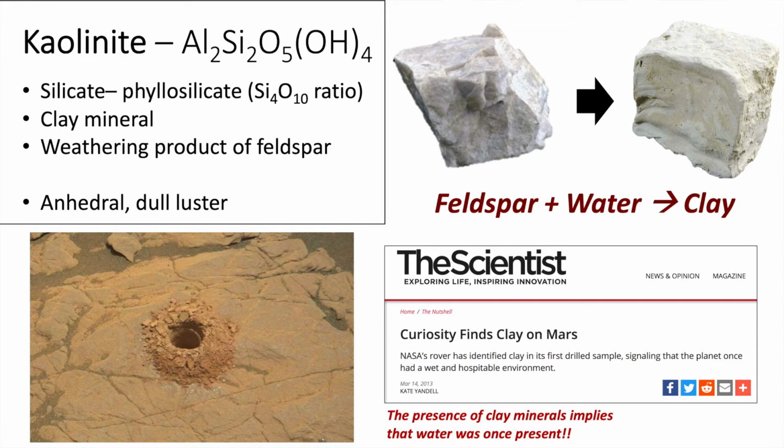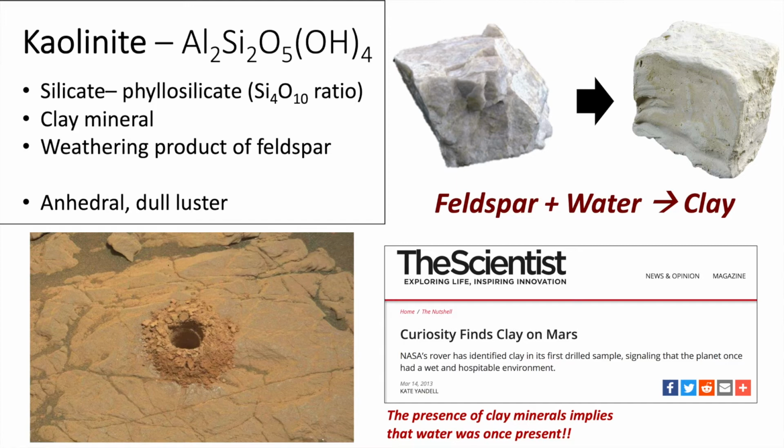So this is a headline from 2013 indicating Curiosity finding clay on Mars. And then this is a picture to the left that Curiosity took of a drill hole, so it drilled down into the Martian surface and identified clay in this rock. You can see how crumbly and clay-like that material looks.